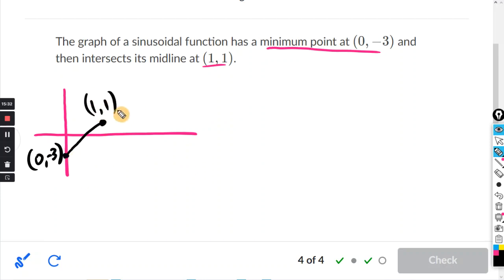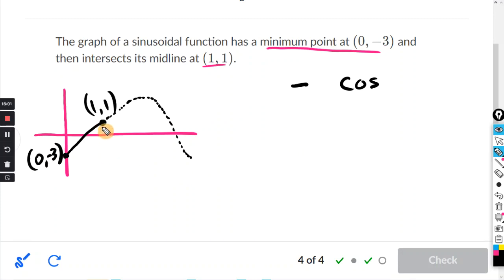All right. If this were to keep going, this is only the midline here. So this would go like that, and then like that, because this is the minimum. If you look at your graphs for the sine, cosine, negative cosine, this is clearly a negative cosine. Okay, now we need to do the amplitude.